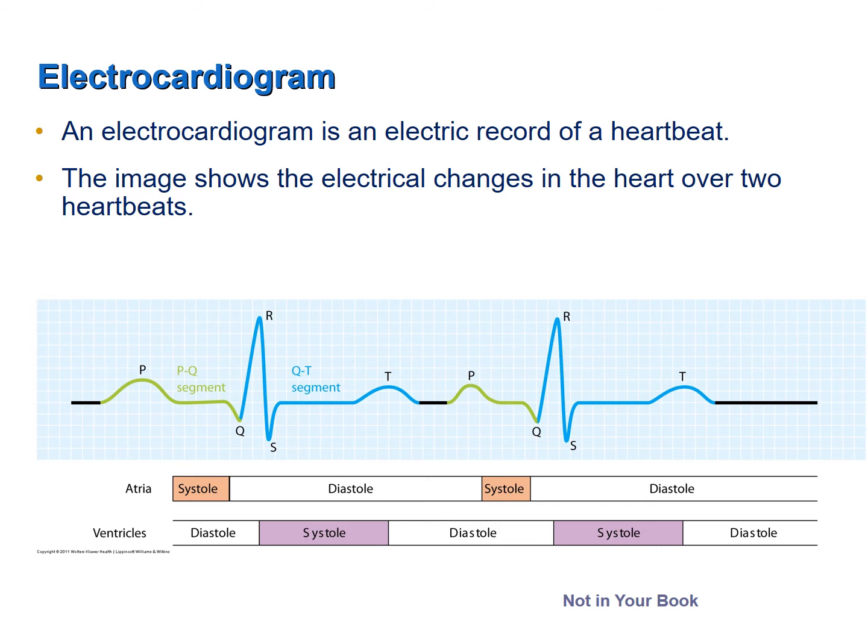By looking at this EKG and looking at the time from P wave to P wave, we can determine a cardiac cycle for an individual and their heart rate. So we can learn a lot about an individual's heart just based on the electrocardiogram.